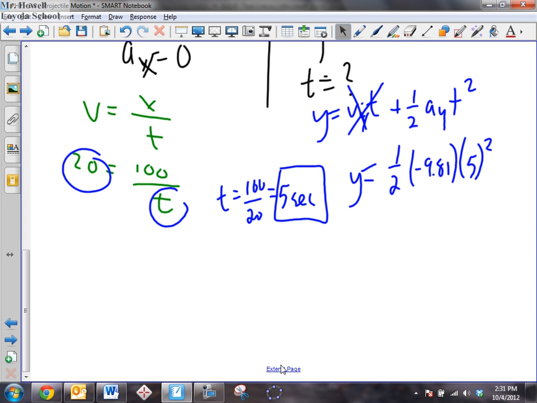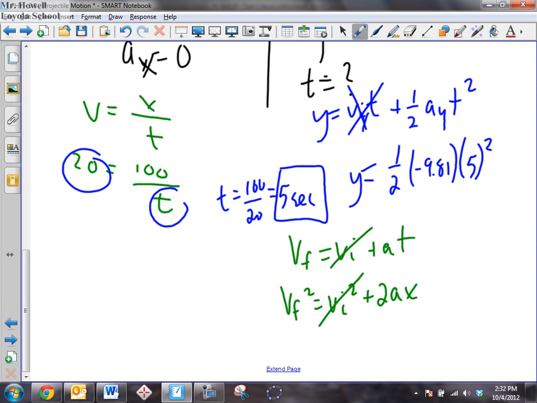Now, follow-up question. If I want to find the final velocity of the object in the y direction, you can use either of these equations. In the y direction, remember these two equations here? We know the initial velocity is 0 no matter what, so whether we use either equation, it's going to drop off.